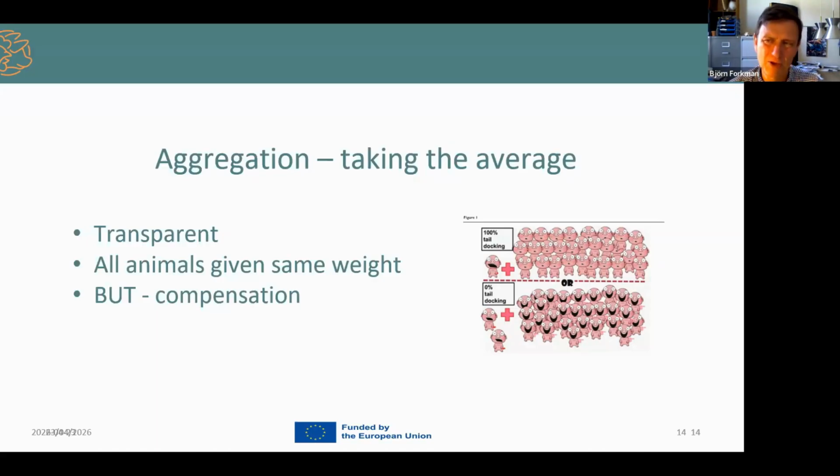And likewise, you could imagine a farm with, say, 5 sections. In 4 of the sections, you have a lot of straw. In the 5th, you don't have any straw. All right, so is the average okay? This would correspond to the example here with the tail biting, tail docking.